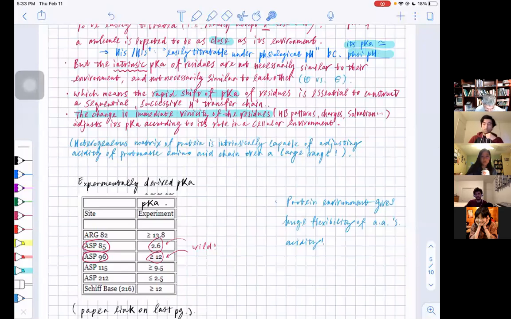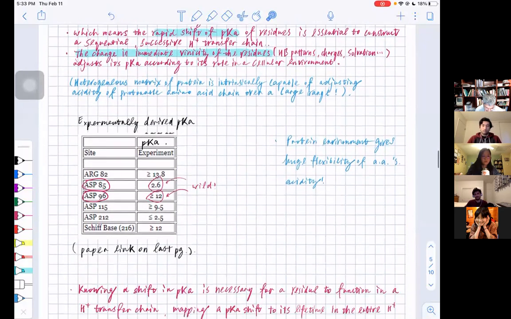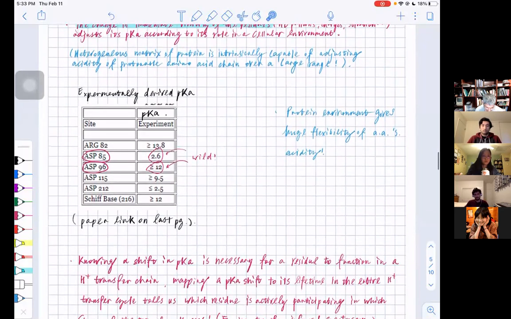Notice that this adjustability of the pKa of a residue is made possible by the heterogeneous matrix of the protein environment, which can form various hydrogen bonds, maybe put various charged molecules nearby, and so on. Just to give you some perspective, you can see this crucial aspartate in the bacteriorhodopsin proton transfer chain has a largely different pKa value, just from a snapshot of the structure.